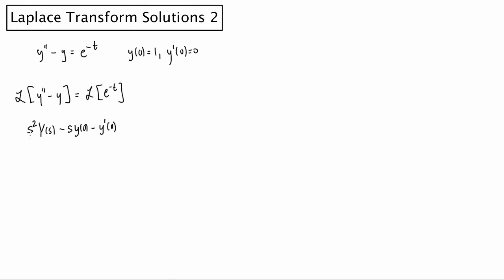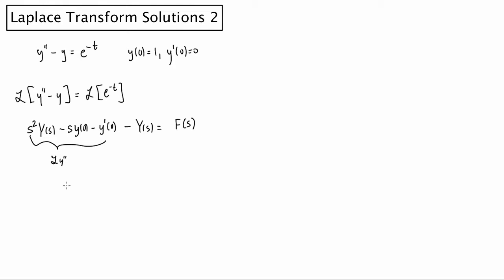That's for the y double prime term. That's the Laplace transform of y double prime. And then minus the Laplace transform of y, which is just y of s. This is equal to the Laplace transform of the right-hand side, but for right now I'm just going to call that f of s. We'll come back to that in a second.